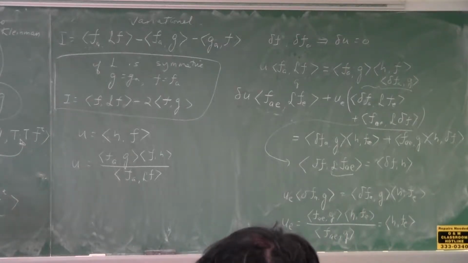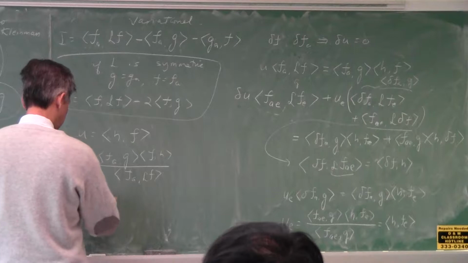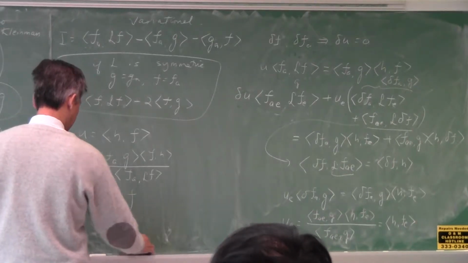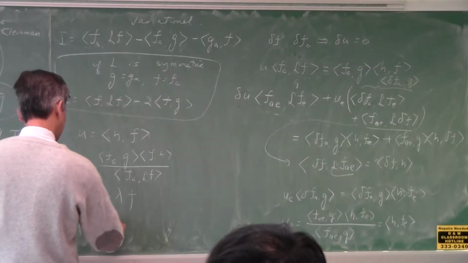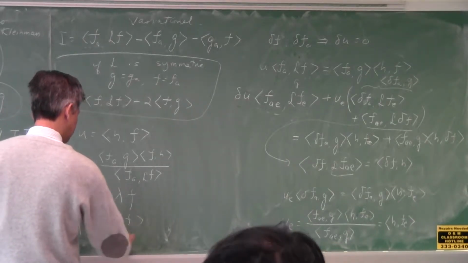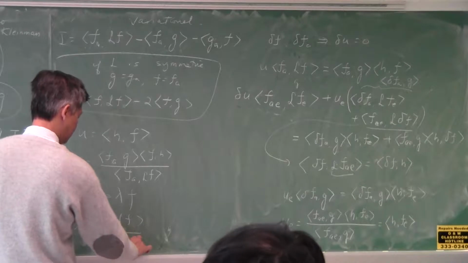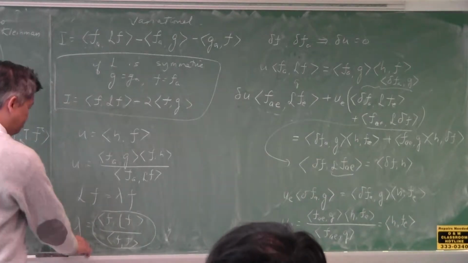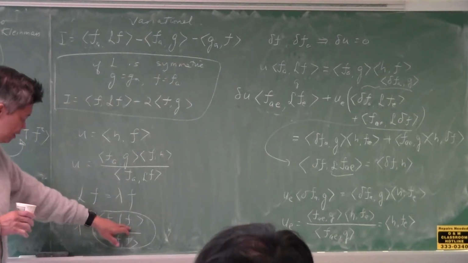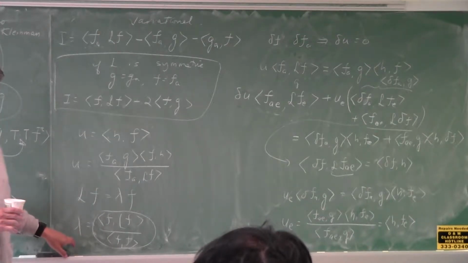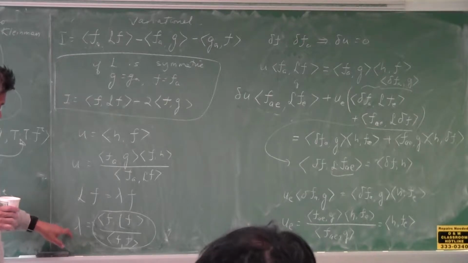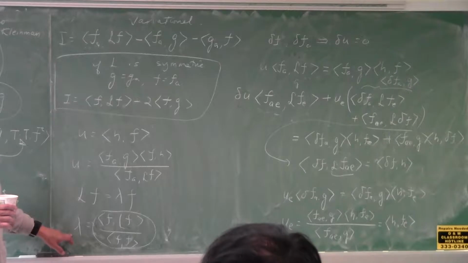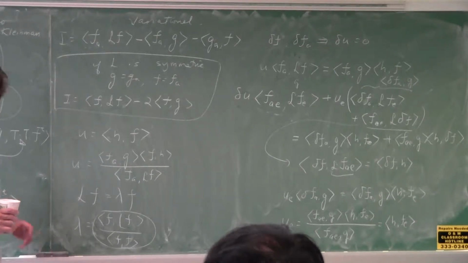You can prove that LF is equal to lambda F, and you can define the Rayleigh quotient, which is something like FLF over F F for the eigenvalues of the system. If you make a first order error in F, you can prove that the error in the eigenvalue is second order. Okay, physicists use this a lot to find energy levels inside the atoms because those are eigenvalue problems.